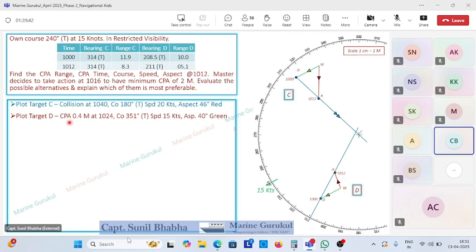When we obtain this information, we come to know that the CPA for target Delta is 0.4 nautical miles. You can see this is the CPA here. You have to drop a perpendicular from Charlie to the relative line of approach. That will give you the CPA. The CPA is 0.4 miles and it is happening at 10:24.